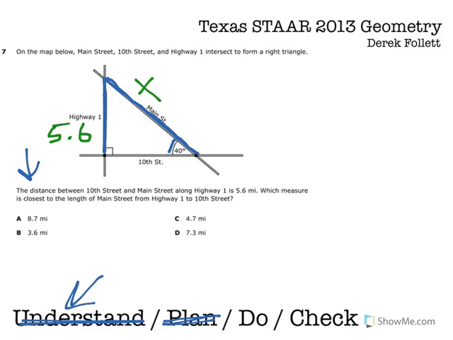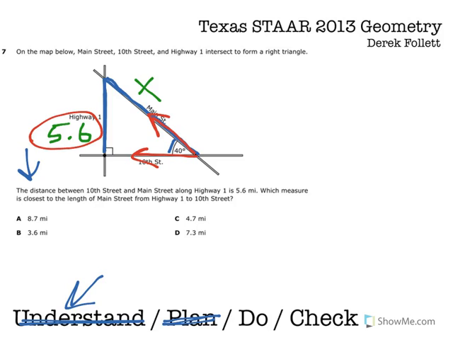So if I look relative to my angle, so my angle's right here, and I look at that 5.6. Is that adjacent to the 40 degrees, or is it opposite the 40 degrees? Well, notice that it's not one of my red arms, my red rays of the angle.